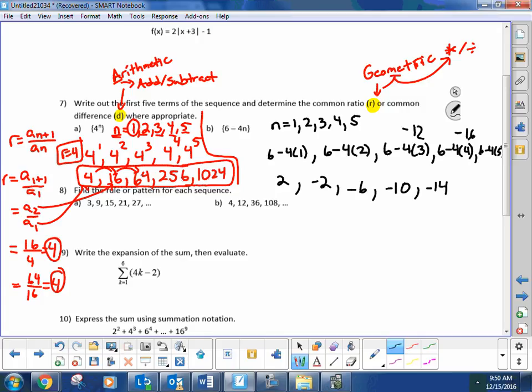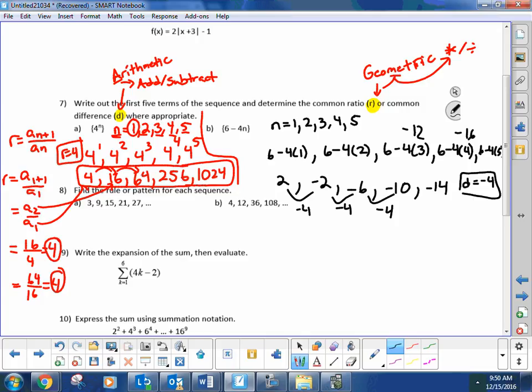Now, I do discover there is a constant subtract difference. There's negative 4, negative 4, and negative 4. And because of that, that's my d value. So this one's a little bit easier, so d is proven to be negative 4, and it's also arithmetic.